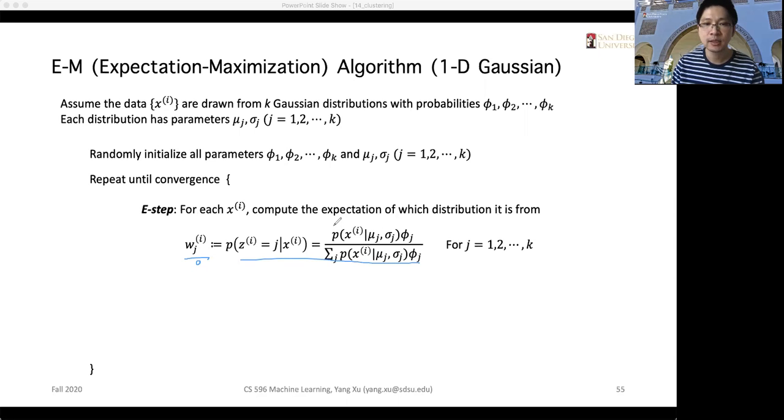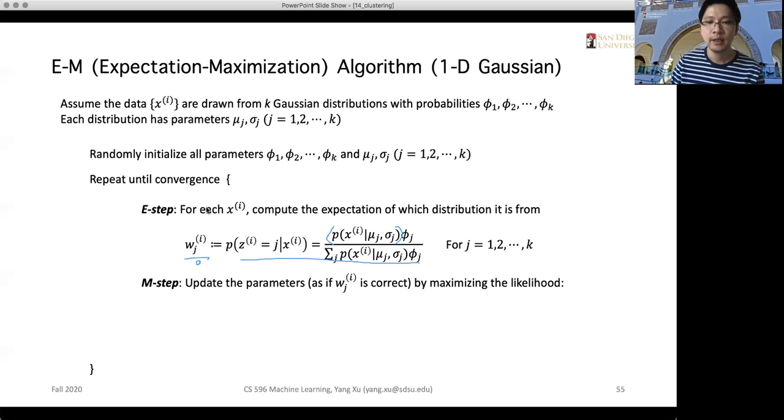And this P, the PDF function, is a well-defined PDF function from a normal distribution. So this is the E step. It computes all the expectations.